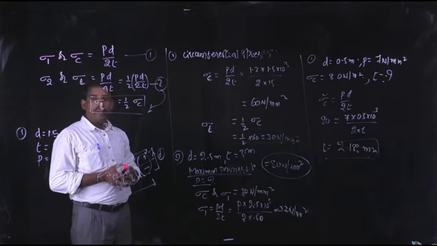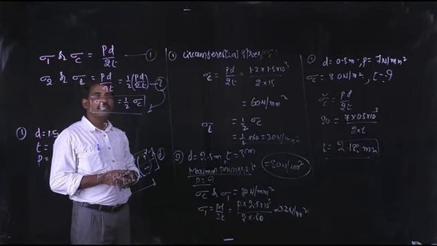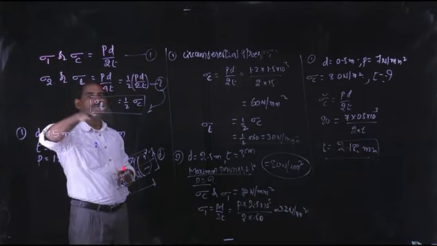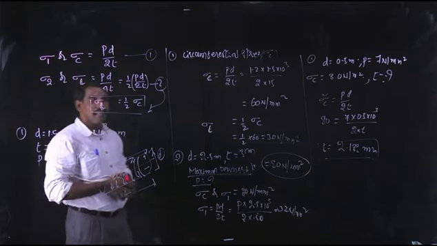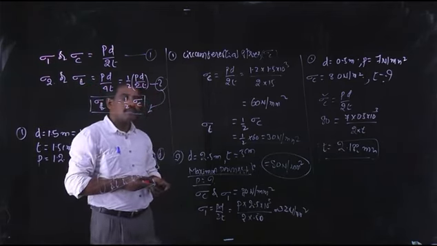So today we covered expressions for the circumferential and longitudinal stress. From the derivations, finally we conclude the longitudinal stress is half of the circumferential stress. Then we saw two more problems: if diameter, thickness and pressure are given, then you can find out the stress.